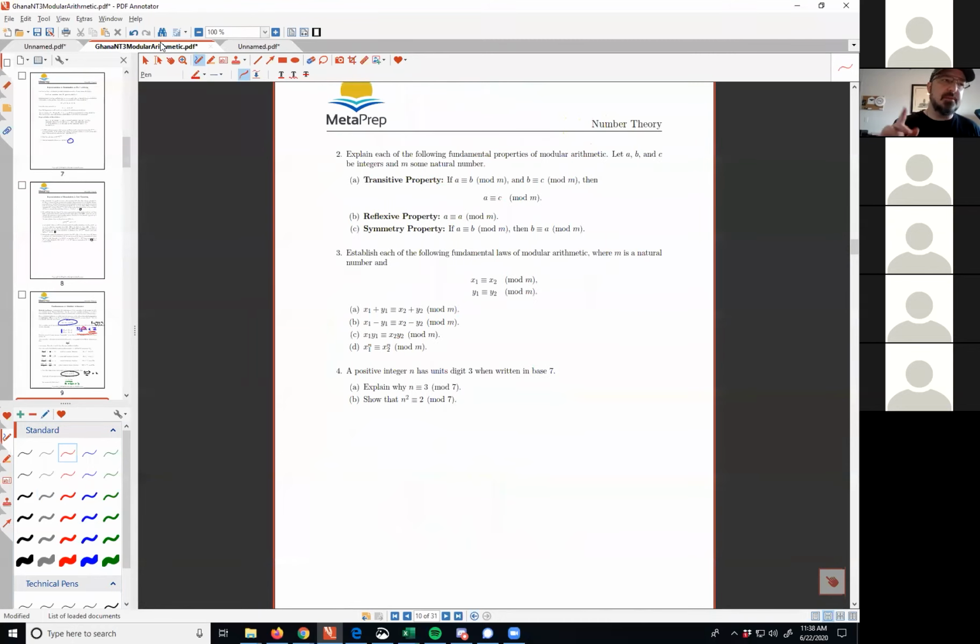Similarly, the reflexive property is very easy. A minus A over M is 0. So that's an integer. So A is congruent to A mod M. If A is congruent to B mod M, then B is congruent to A mod M. If A minus B over M is an integer, then the additive inverse of that is B minus A over M, which must be an integer.